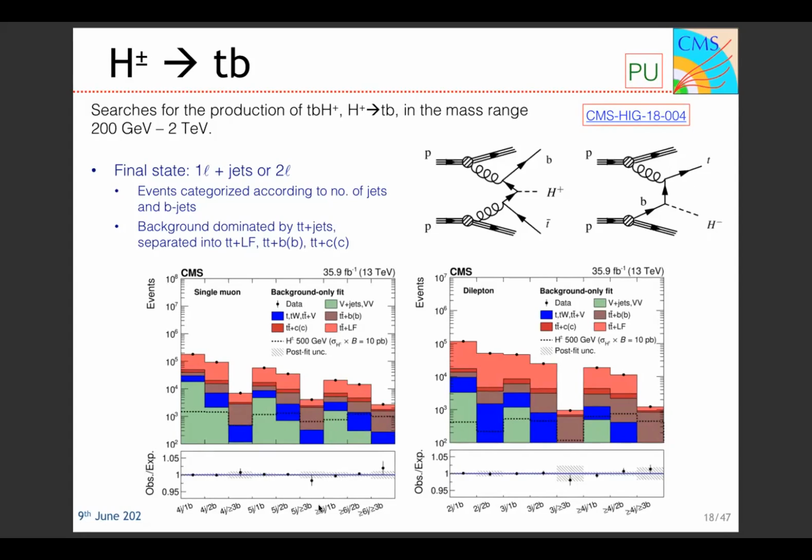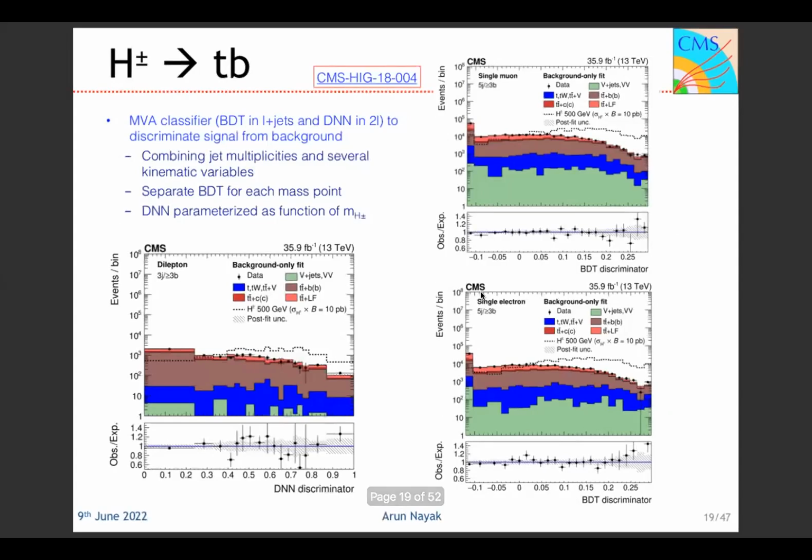So you see here the number of jets and b jets categories in single lepton and dilepton final states. In this analysis, they use an MVA classifier, a BDT in the lepton plus jets case and a DNN in the dilepton case, to discriminate signal from the background, because this is a very challenging final state.